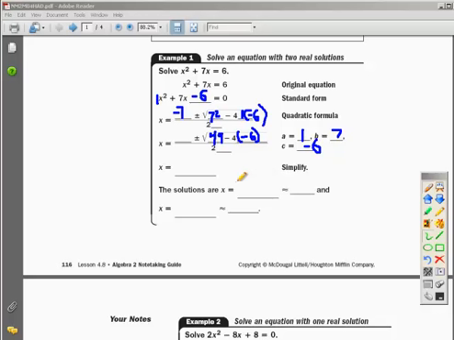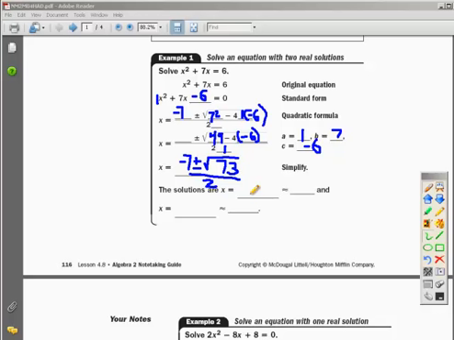That ends up being the square root of 49 plus 24, which is 73. So we have the square root of 73 on the top. On the bottom, you got 2 times 1, so you just have 2. And so you have negative 7 plus or minus the square root of 73, over 2.